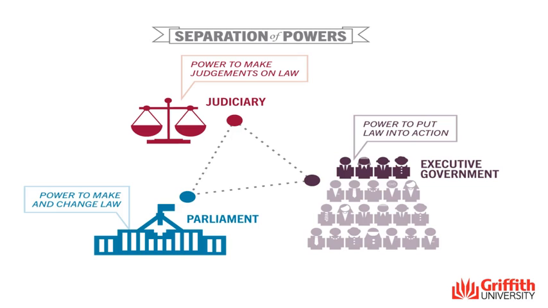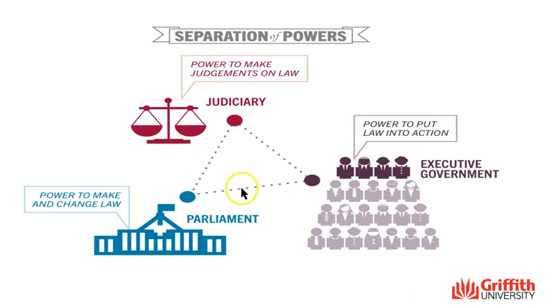Now let's talk a little bit about the doctrine of the separation of the powers. The doctrine of separation of powers in Australia divides the institutions of government into 3 branches: the legislative branch, the executive, and the judicial branch.